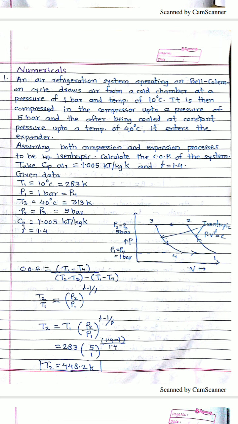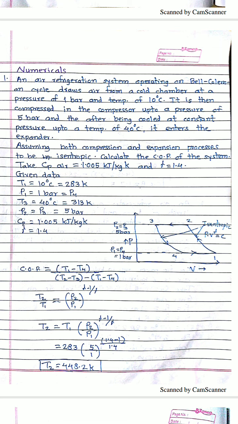It is then compressed in the compressor up to a pressure of 5 bar, and after being cooled at constant pressure up to a temperature of 40 degrees Celsius, it enters the expander.